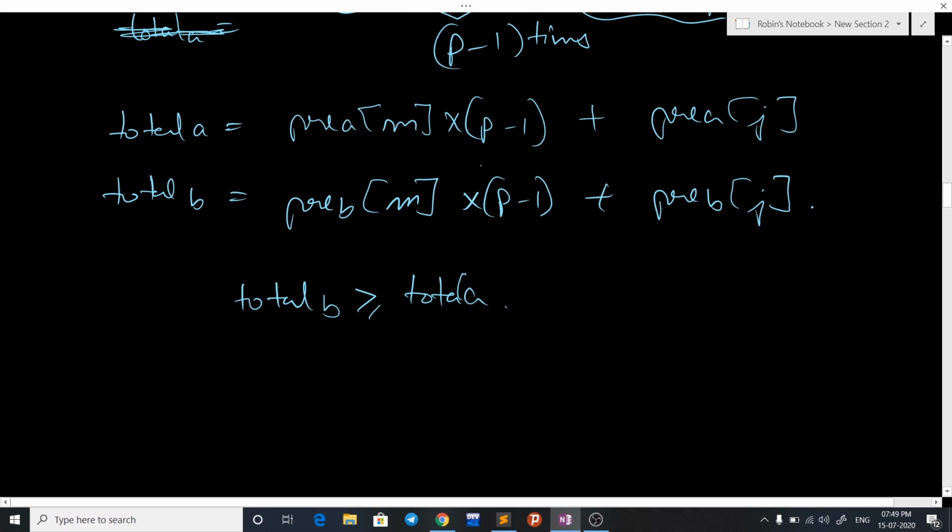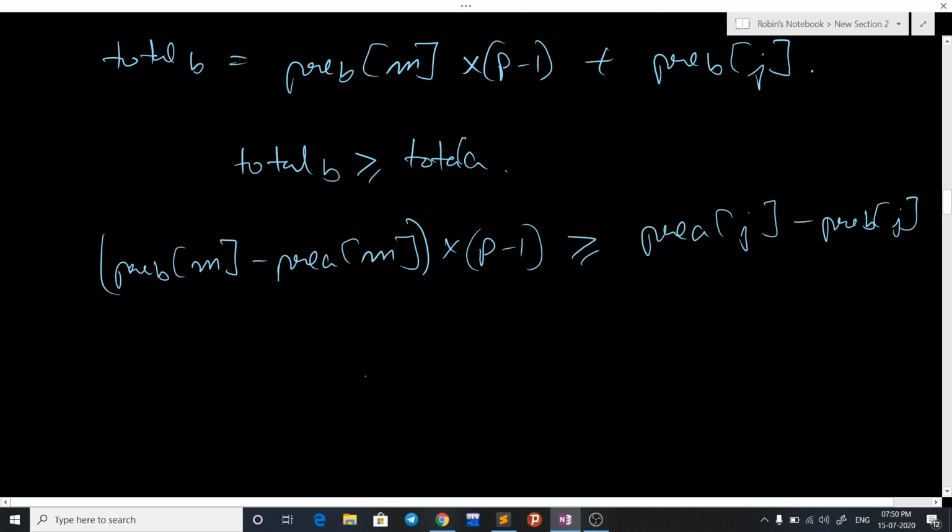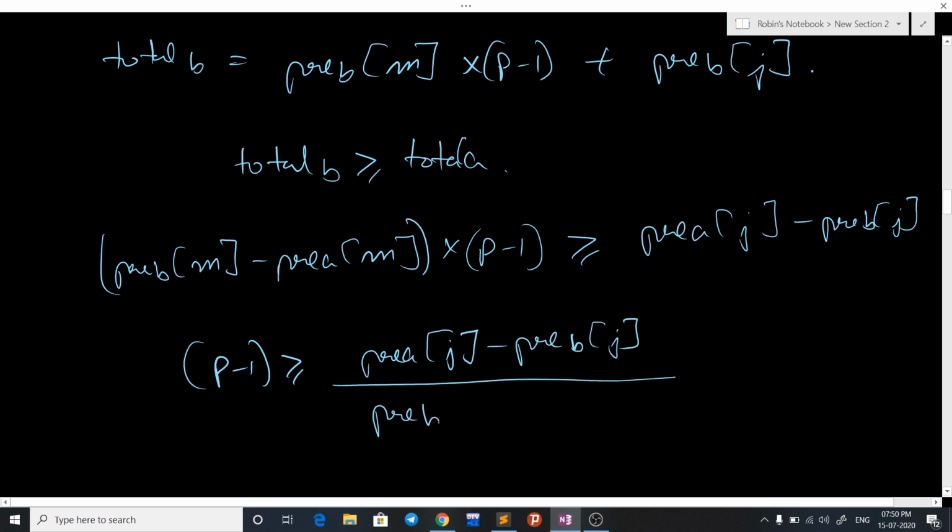So total b is pre-b of m times p minus 1. I can see that p minus 1 is common here, so I will just write pre-b m minus pre-a m times p minus 1 greater than or equal to pre-a j minus pre-b j. And now p minus 1 is greater than or equal to pre-a of j minus pre-b of j divided by pre-b of m minus pre-a of m.